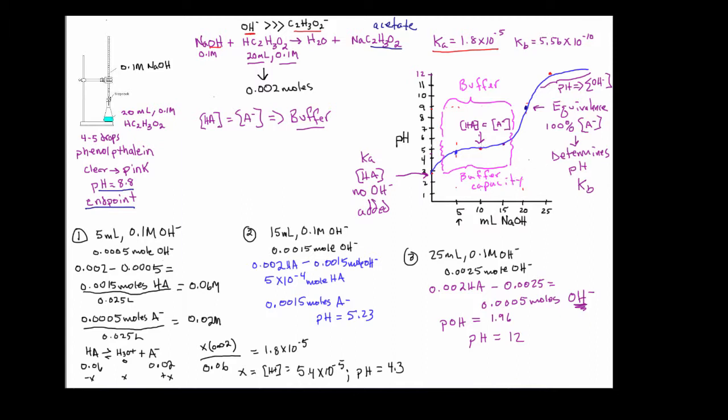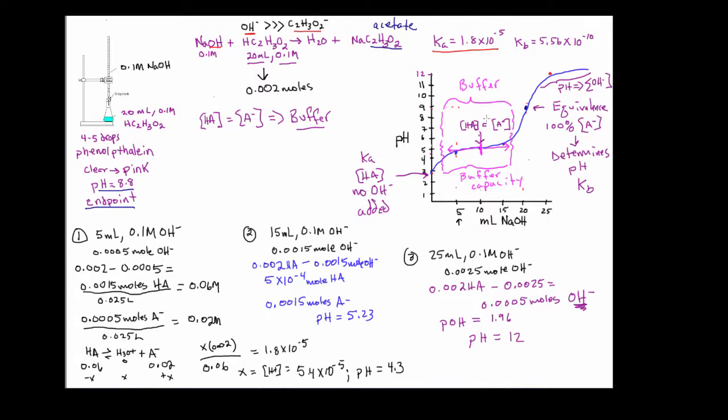And basically, from this midpoint, the buffer capacity of a given solution is going to make up a gap, which is essentially one pH unit to either side of this midpoint. One pH unit essentially to either side of the midpoint of this graph.